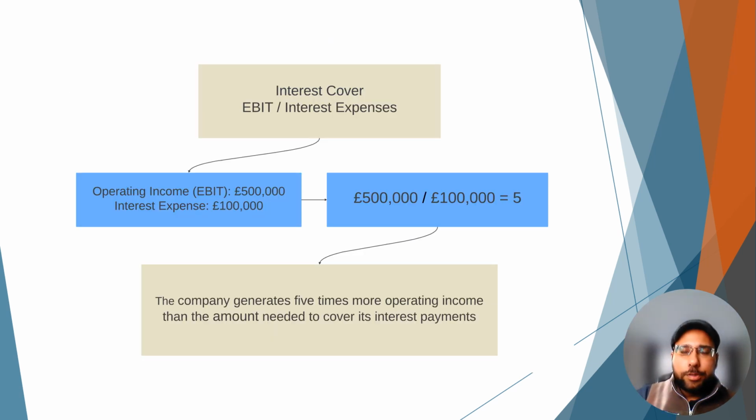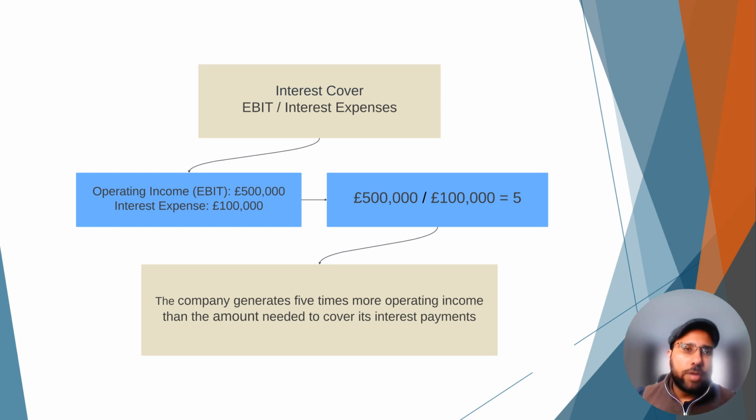Okay, now we're going to go into a very quick example of interest cover. Again, with the equation, it's EBIT divided by interest expenses. As we've seen, you can find this on the income statement, so it's not too difficult to find. Again, these are made up figures. If we look at the operating income, that is £500,000.